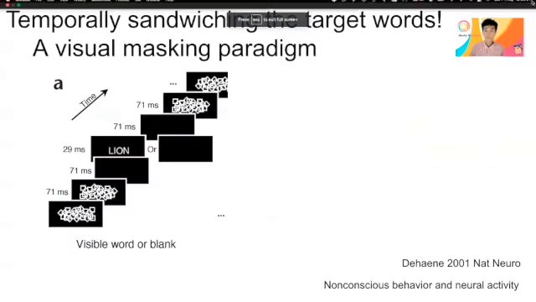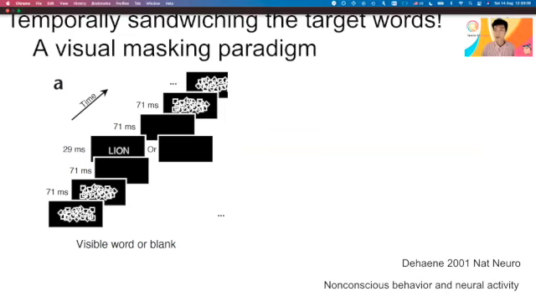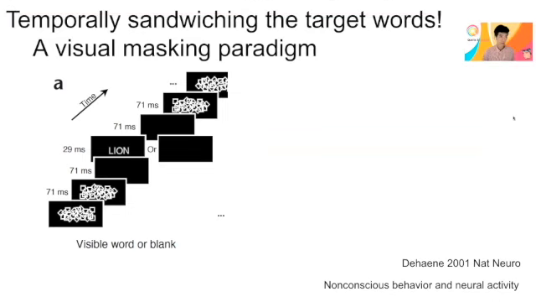Now let's talk about a particular type of masking. I'm going to focus on the study done by Stanislas Dehaene, who is a very important person in the consciousness research field. He published the following study in 2001 in Nature Neuroscience.